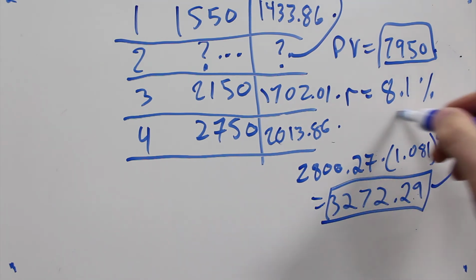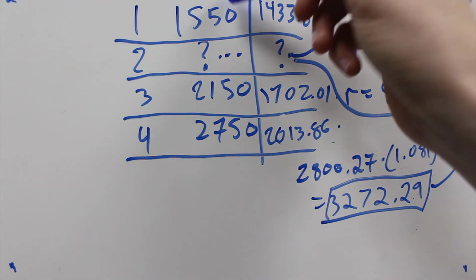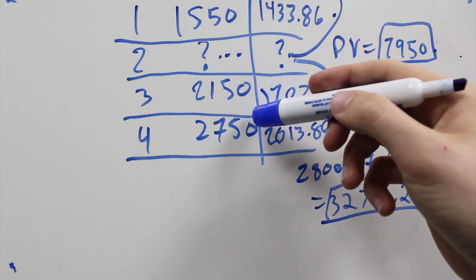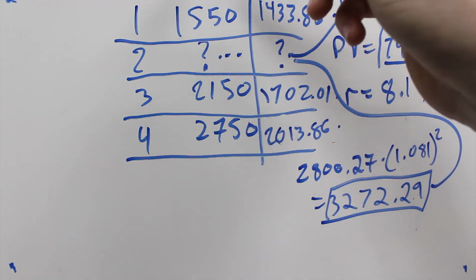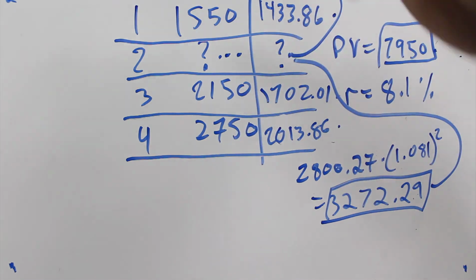And so this is the cash flow that belongs where that question mark is. To recap, all we did was take each of the three cash flows that we knew and discount them back to year 0, because you have a year 1, year 2, year 3, year 4, and we need to get all of them back to being year 0. So we just divide by 1 plus the rate to the power of time, whichever time frame it's in.